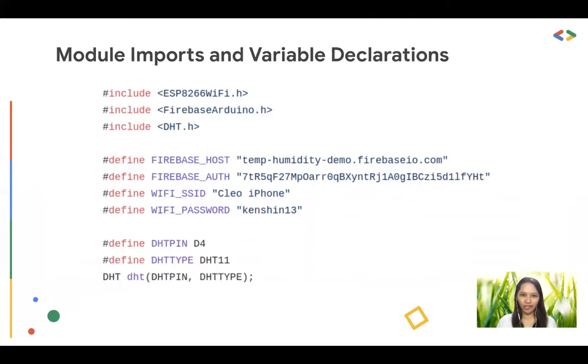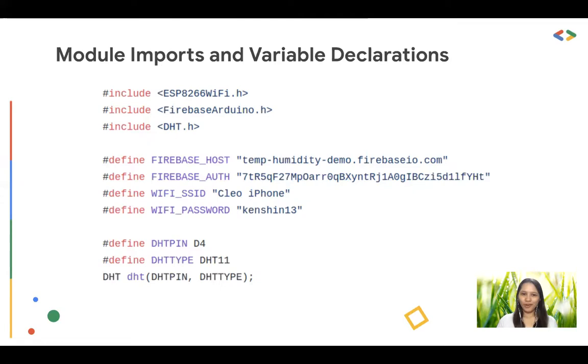The second block of code is where our connection strings are. For example, Firebase host is the connection string to our Firebase project. Firebase auth is the database secret key.